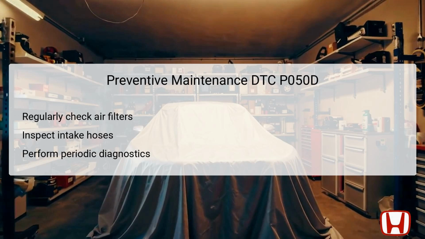Additionally, inspecting intake hoses and connections for any signs of wear or damage can help in ensuring an unobstructed airflow. Performing periodic checks and diagnostics with the HDS can also keep the vehicle in prime condition, catching any potential issues early before they evolve into DTC-related problems. Such proactive measures not only enhance performance, but also prolong the lifespan of the vehicle.